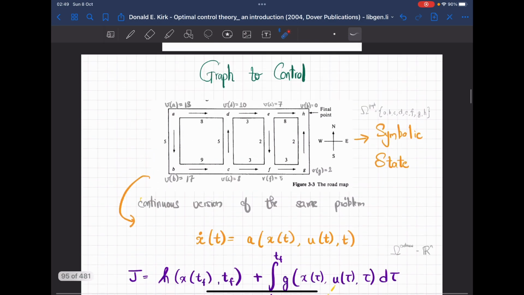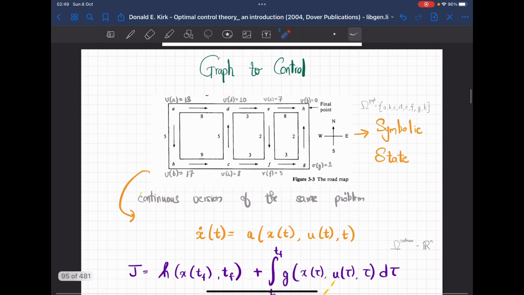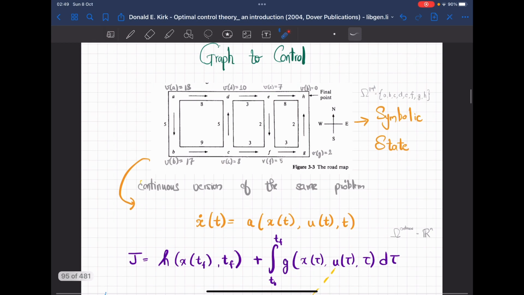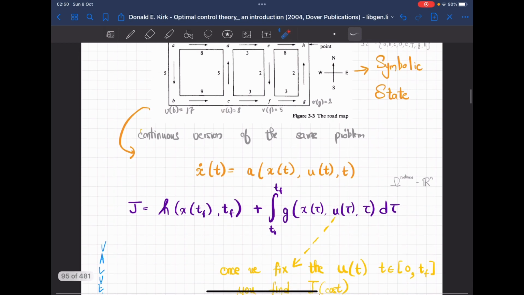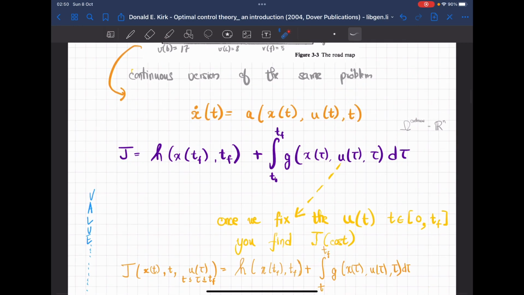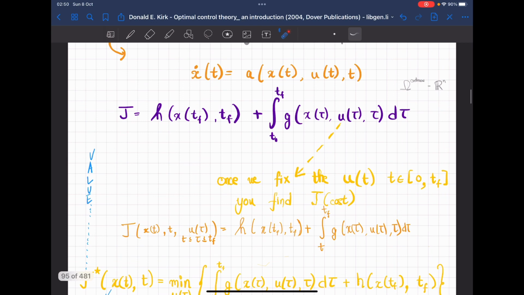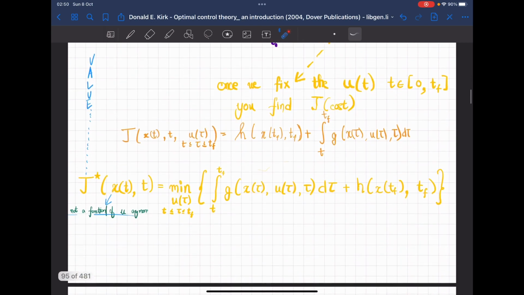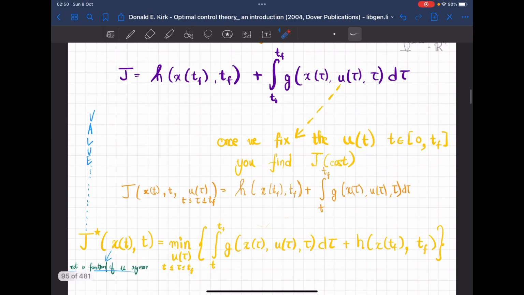So in a sense, the idea is we are going from the graph problem, where the states were symbolic, to its continuous version given by this dynamical system, and we have this J function which helps us to define the cost. Now, one more idea that we would like to talk about is that this J is from time t0 to tf, as you can see here.